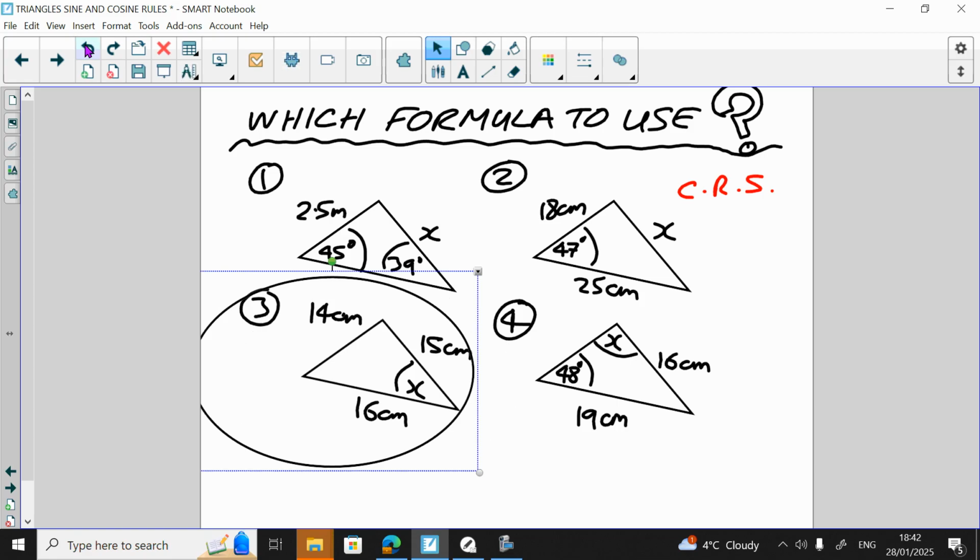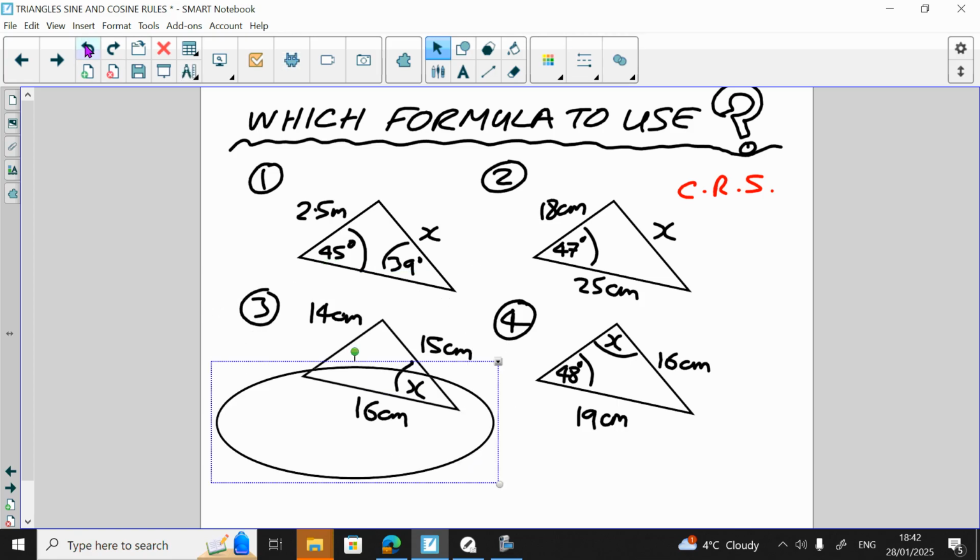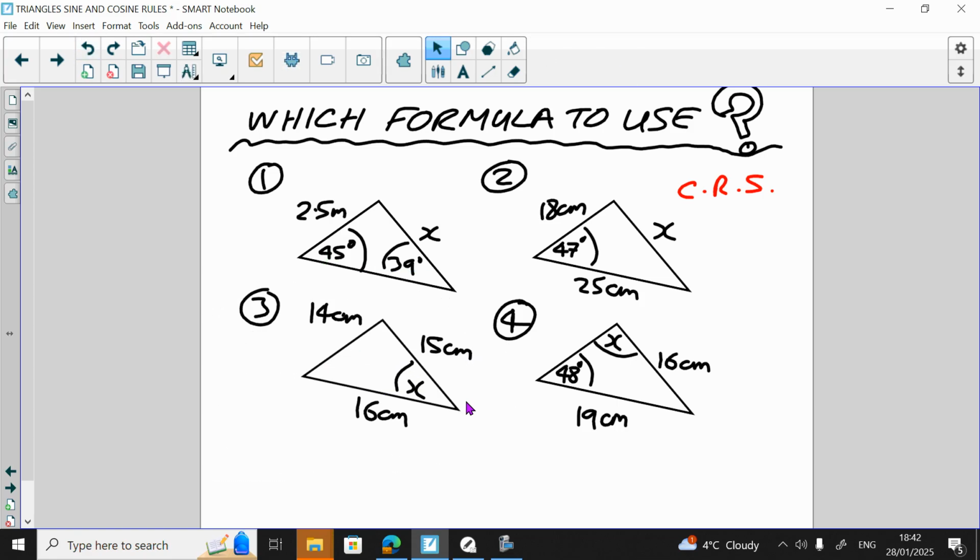But the thing is, cosine rule for what? What's cosine rule for angle, hopefully? That's why I put CRA. Okay.